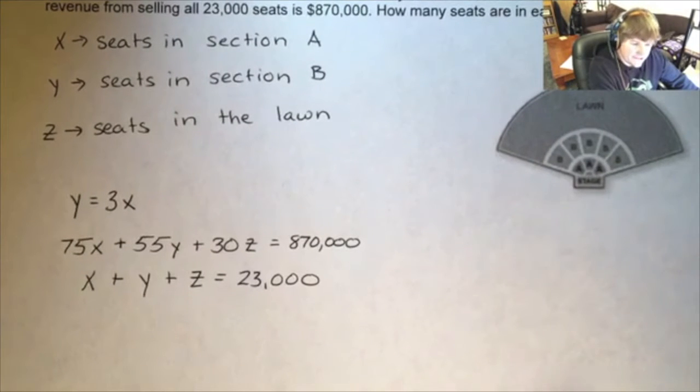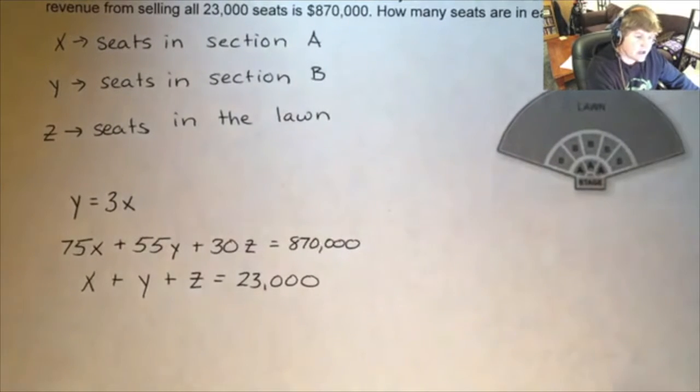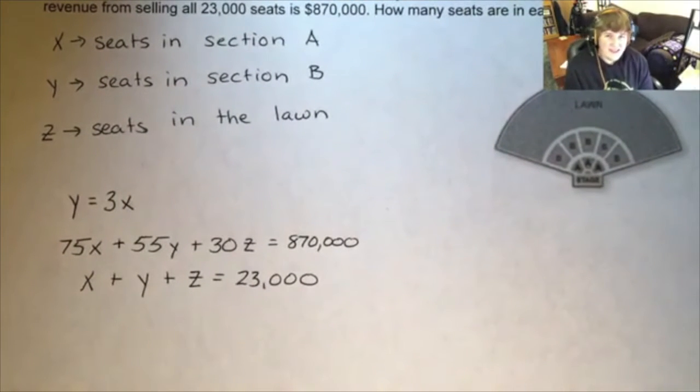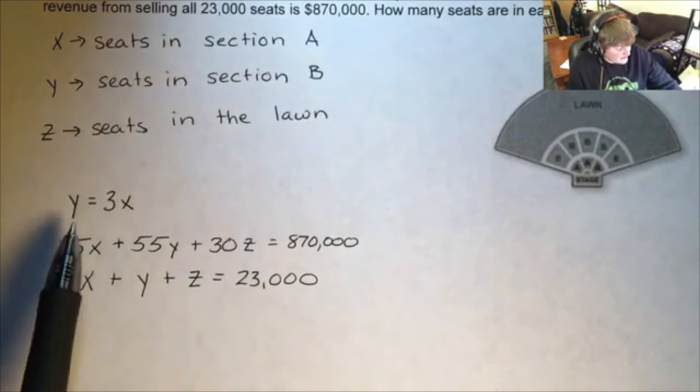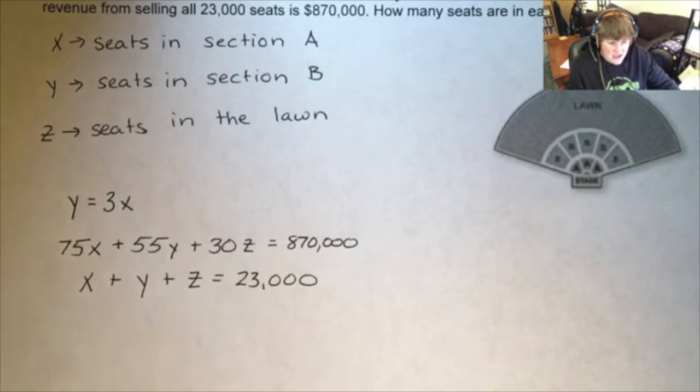So let's think. Now, here's an interesting one. We have yet to come across a problem that has an equation that's missing a variable entirely, right? This first equation is missing z. Z's not there at all.